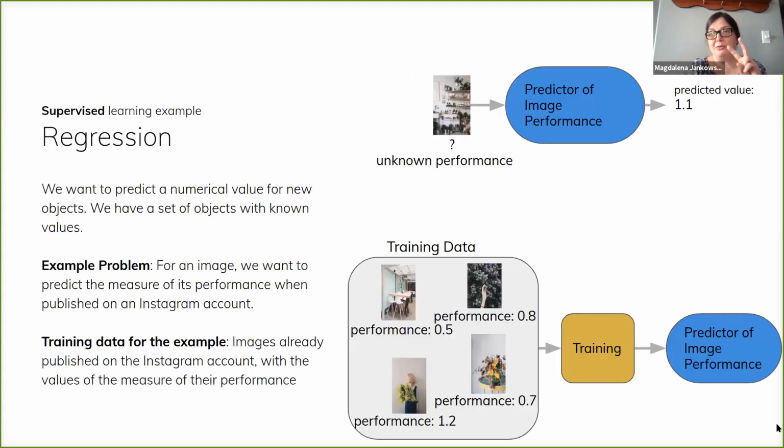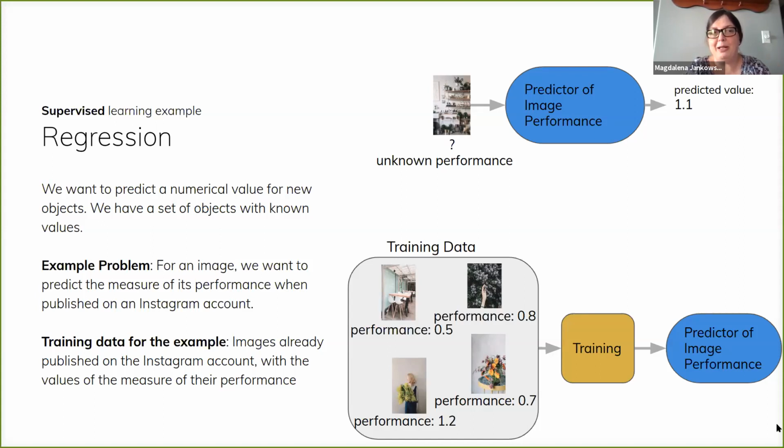So there are two main types of problems for supervised learning, and that's regression and classification. In regression, what we want to output for a given input is a number, some numerical value. And this is supervised learning, which means that we have this training data with examples of the real values.